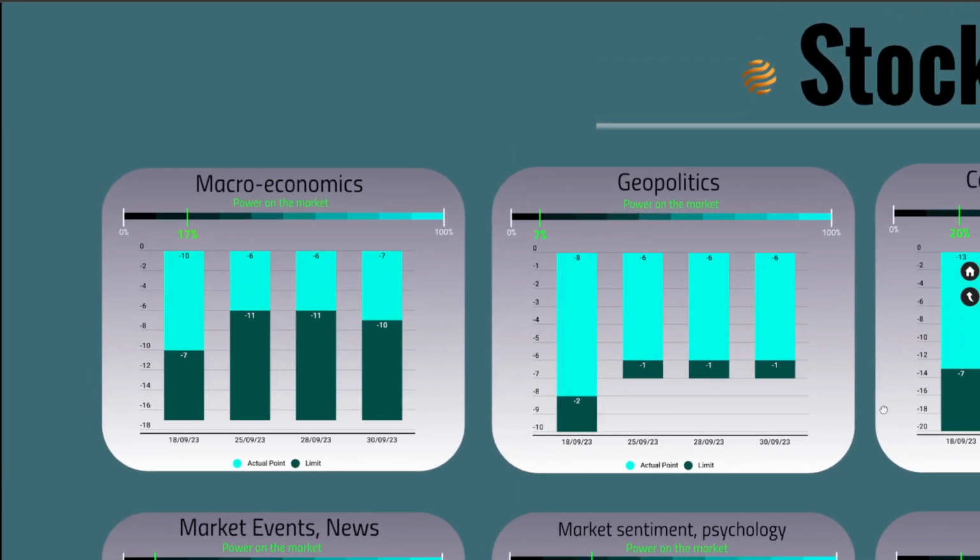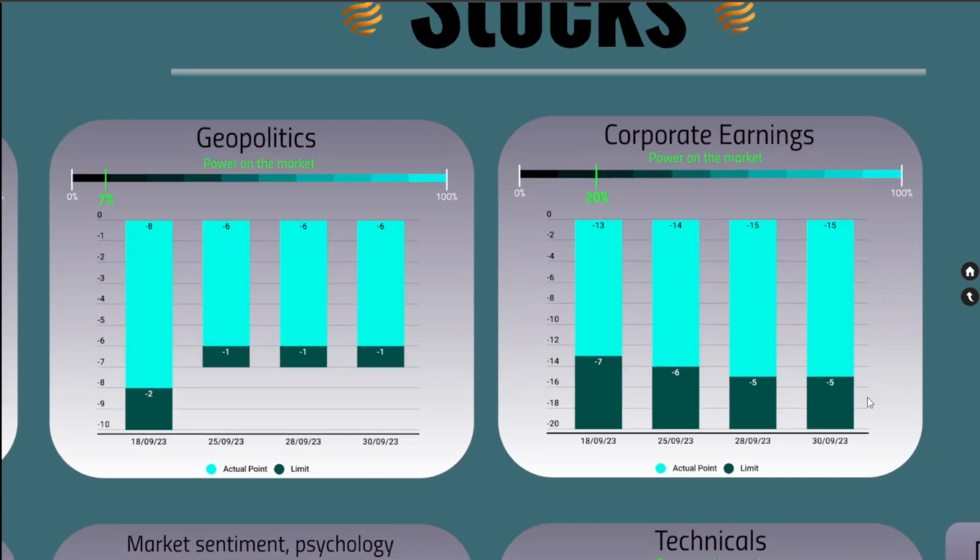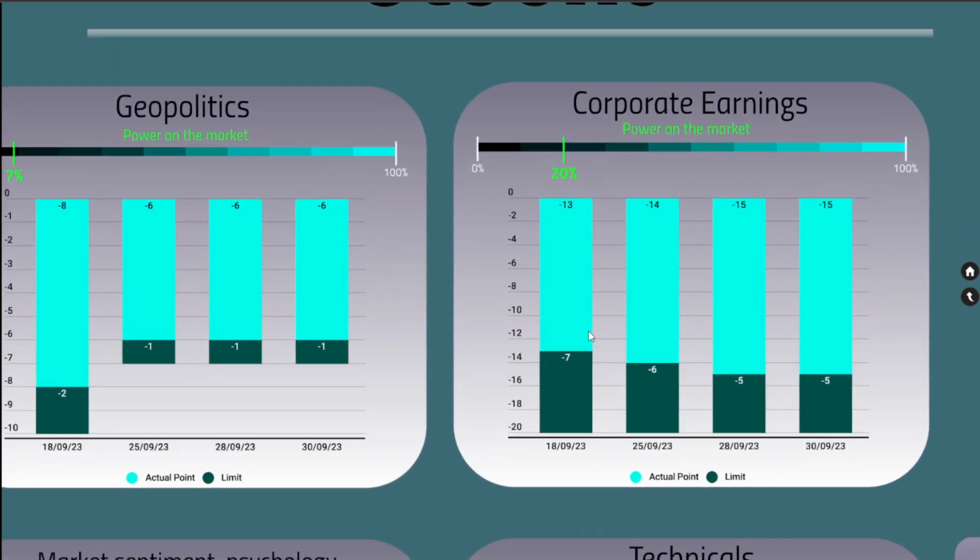While the corporate earnings is at -15%, now they have 20% of the maximum power. So we did not use all of it, but as you can see, it's worsening. And that's because the big fish is on the market, and the big fish has actually realized that if I step in, I have to judge the companies by their performance, and those performances just keep worsening from quarter to quarter.